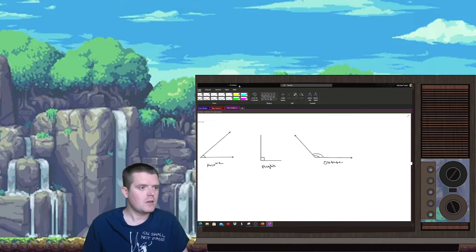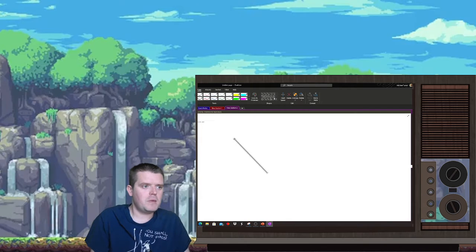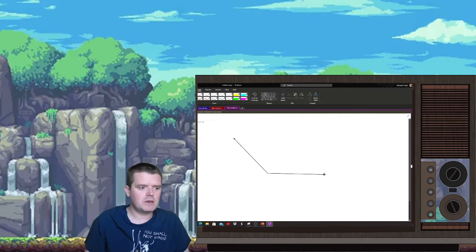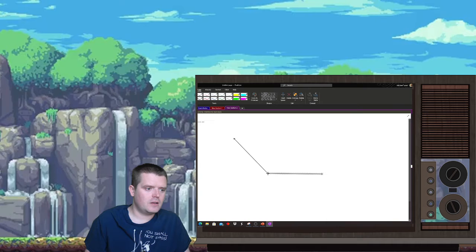a diagram. And then the other thing that you are introduced to in 7.2 is what's known as an angle bisector. So just like a midpoint, where a midpoint was the point that divided your line segment into two equal parts, an angle bisector is a line segment that divides your angle into two equal parts.